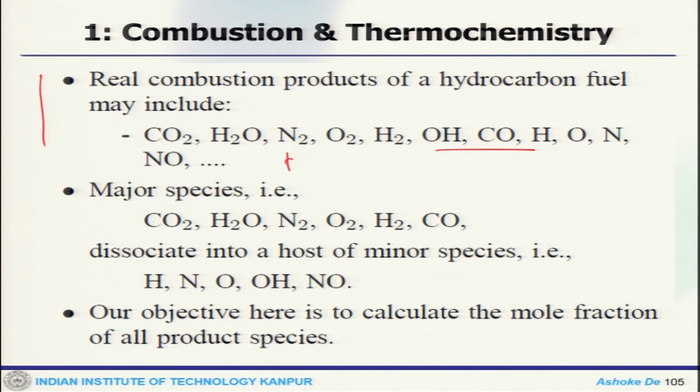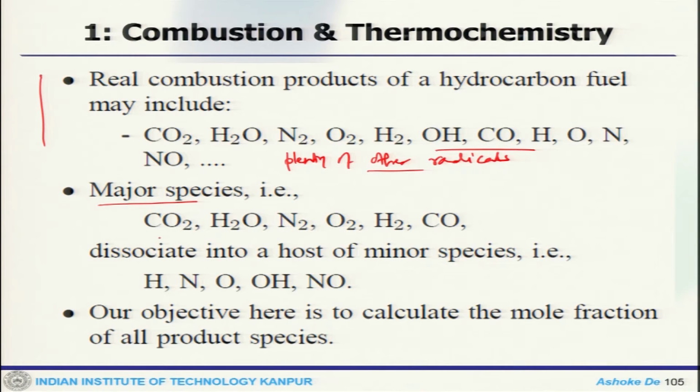The radicals are formed and are the actual carriers of any reaction, but they are getting consumed. So, at the end you get to see the global products. In any combustion system you have some major species and some minor species.